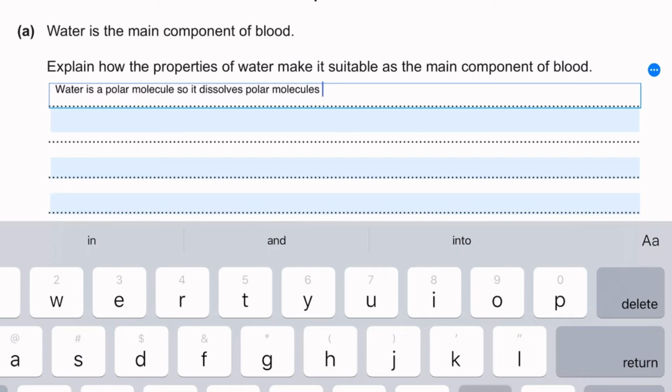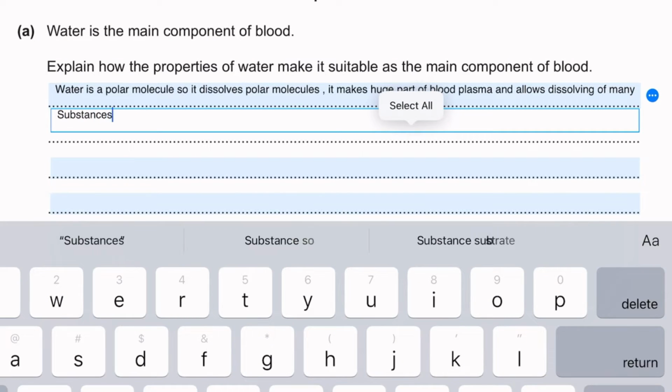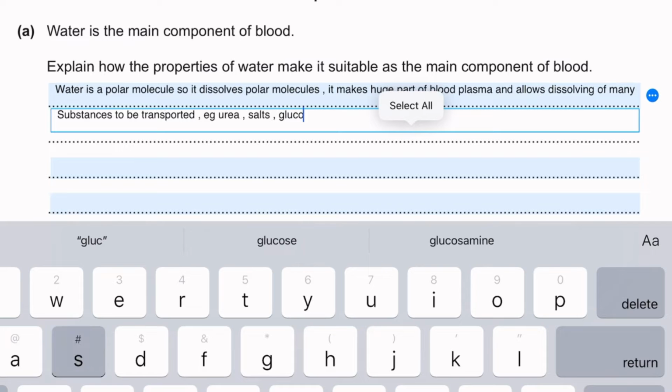And here you can mention how it makes a huge part of blood plasma and allows dissolving of many substances to be transported. You can mention here urea, you can mention salts, you can mention glucose, a bunch of things.